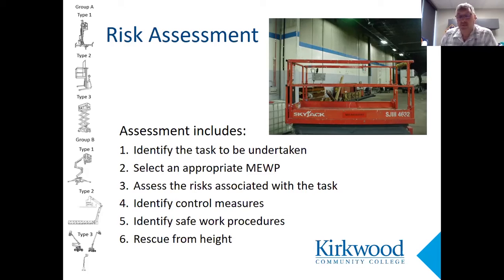We're talking here is if you got an electrician that's replacing overhead lights, maybe they need to do a lockout tagout on that circuit, so they're not going to get exposed to that danger. Identify safe work procedures. Again, emergency procedures. Everybody needs to know how to lower that basket from the ground. And then communications. How are we going to communicate if we have any issues? And rescue, we're going to rescue from height. We're going to touch on here in a couple slides.